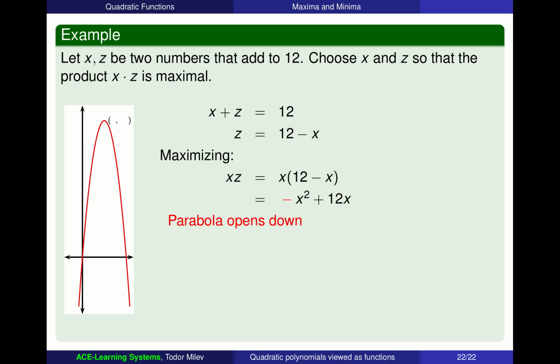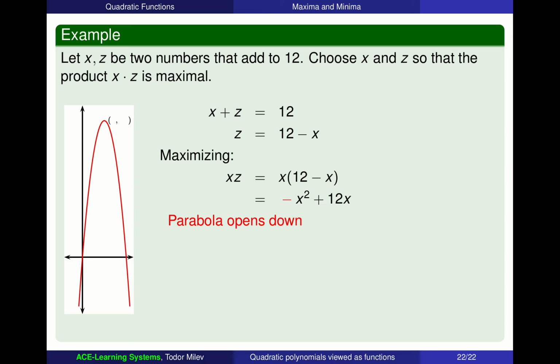So since it is a parabola which opens down, it has a maximal point, and that's going to be for the values of x and z for which that maximal point is attained. That's going to be the answer to our problem.